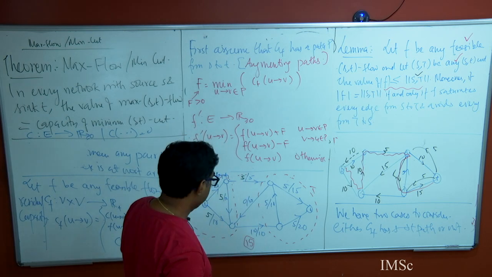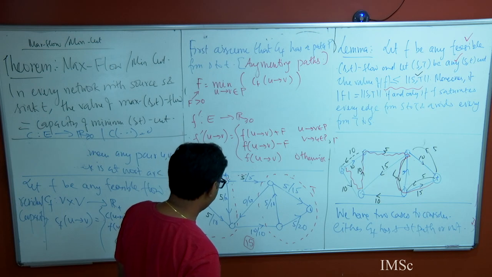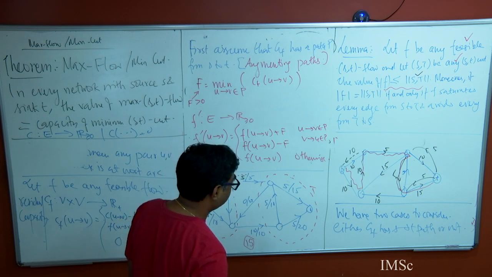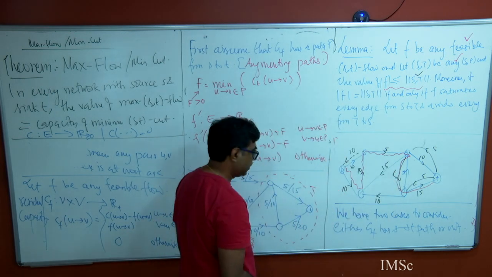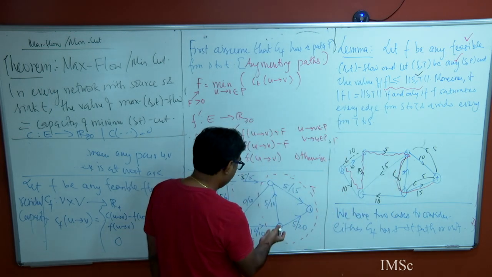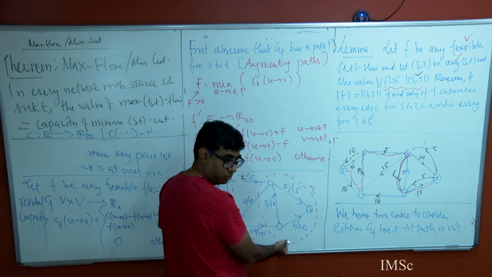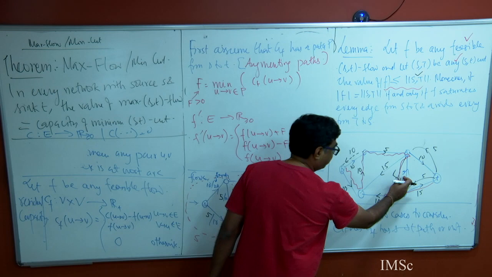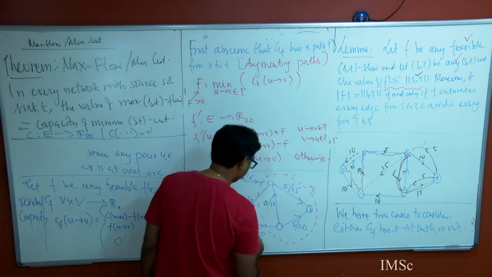Now, what does it tell us? Along this, I am taking a black edge. It means I should decrease the flow here to 0, right? I was sending 5 units of flow, decrease it. So now this becomes 0.